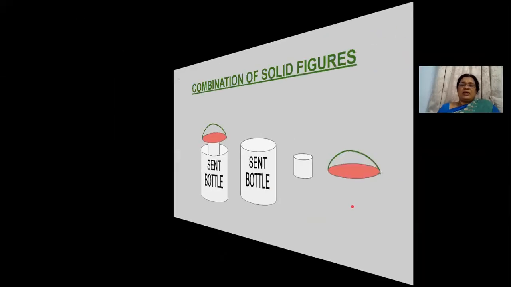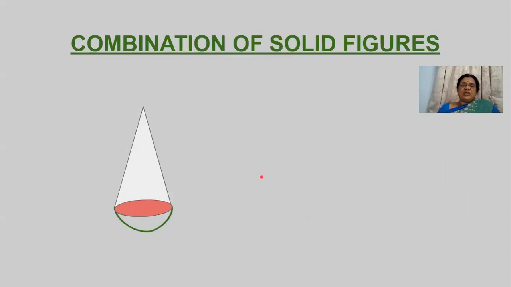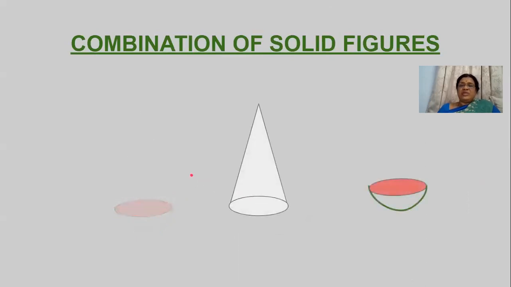See here, this is also a figure where two three-dimensional solid figures are attached together. One is a cone and one more is a hemisphere. These two have flat surfaces.